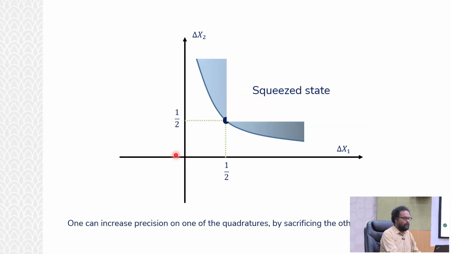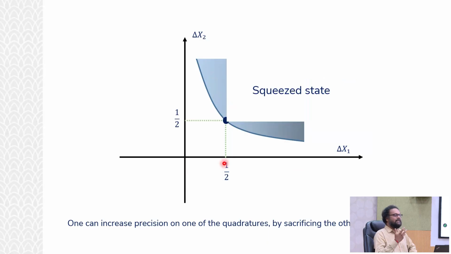So one can go, if I remove those parts and identify only these points in this representation, then you see when I go to somewhere here, I am increasing my uncertainty in the x2 quadrature, but I am reducing the uncertainty on the x1 quadrature.